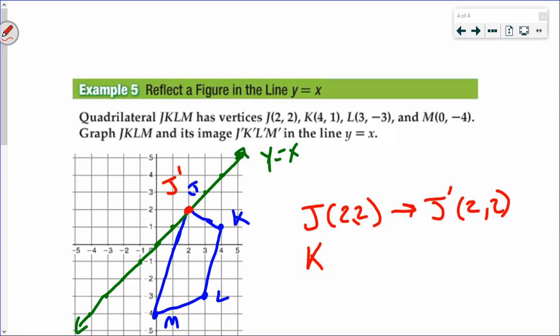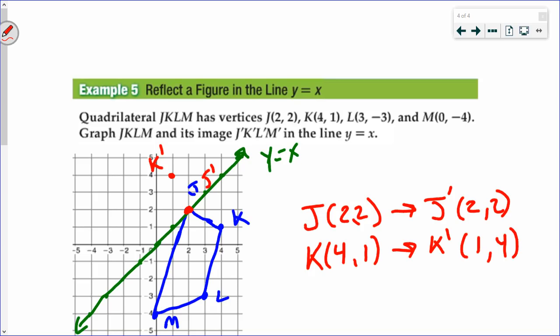Now let's look at point K. It was at (4, 1). The K prime point is going to be (1, 4), just switching the x and y values. So (1, 4), that's going to be our point K prime.